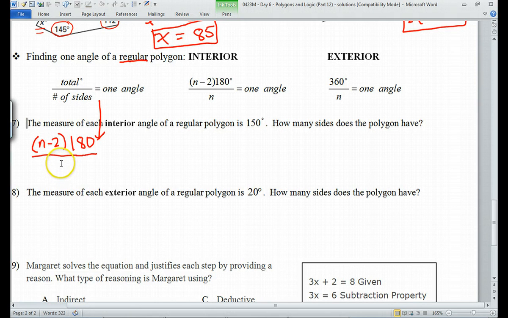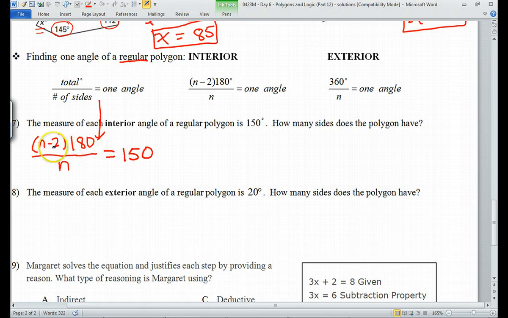And we're using n to represent the number of sides. So this is an expression for the total degrees, n minus 2 times 180 over the number of sides. Really, the only part of this that I know right now is that the one angle is 150 degrees. That's all I know. Now I need to find the n that would make this happen.